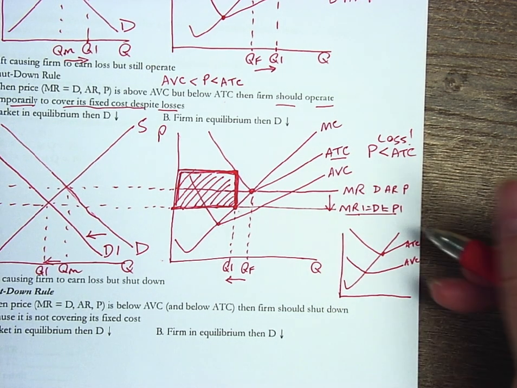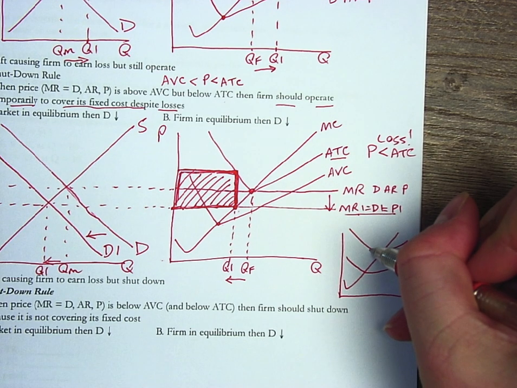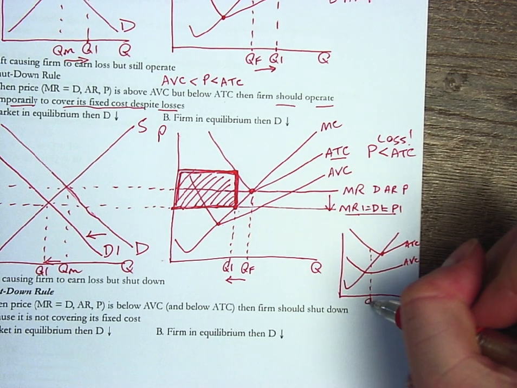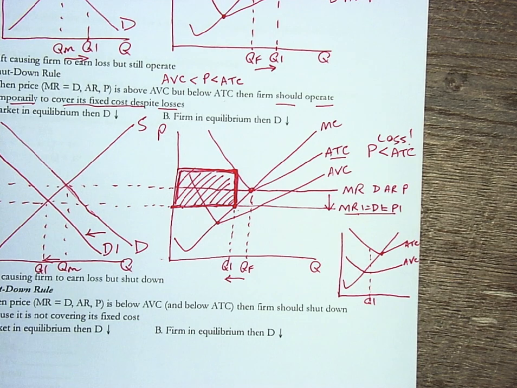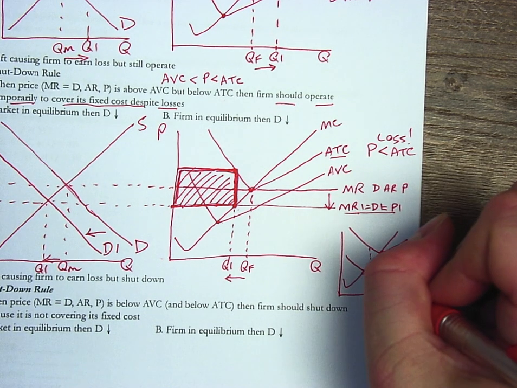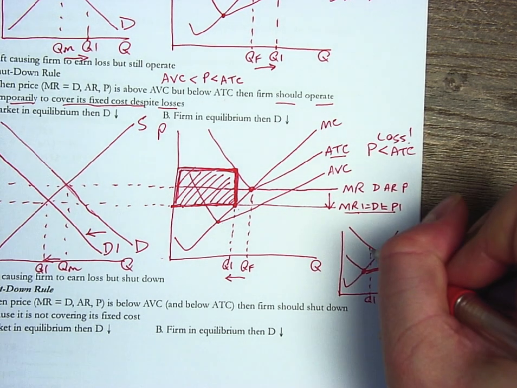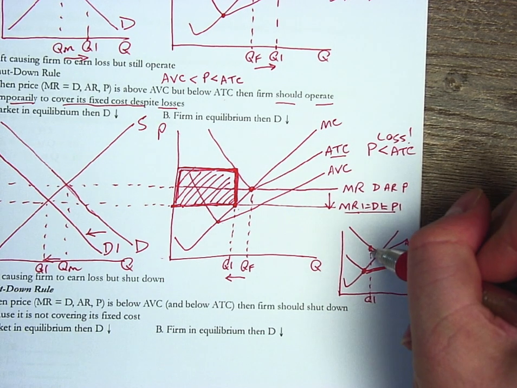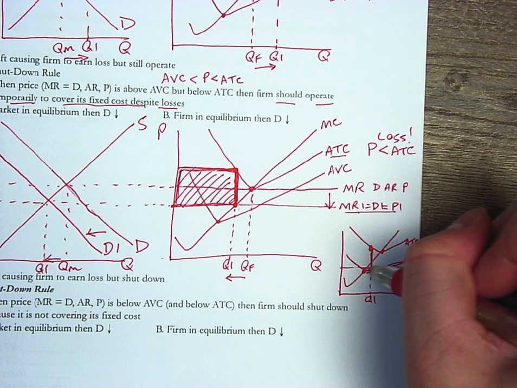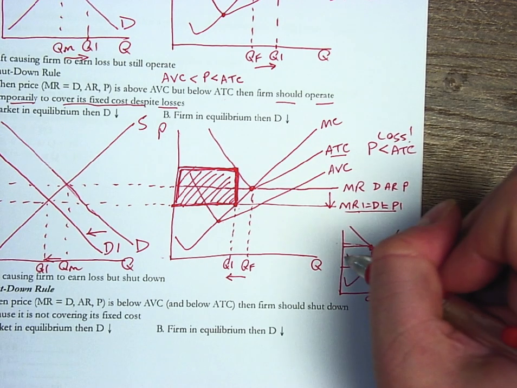Let's say we know that they're producing right here, that's the new Q1. Let's say they went ahead and shut down. Well, what would they lose? They'd actually lose the distance between the ATC and the AVC over. So they'd lose a lot more.